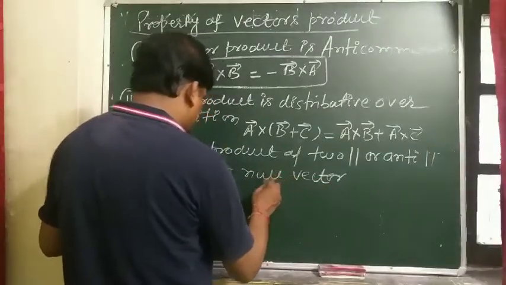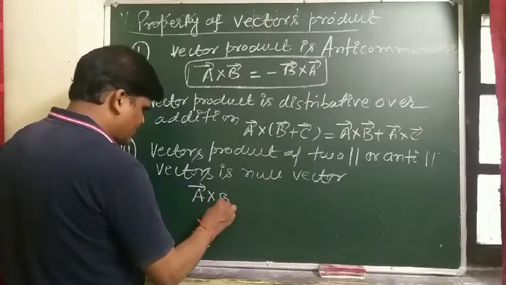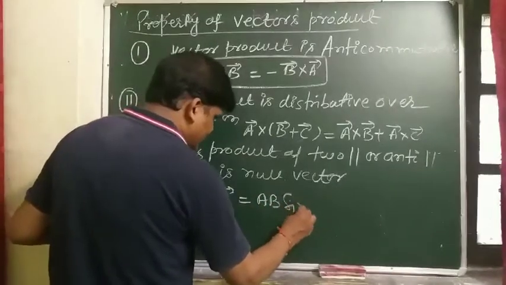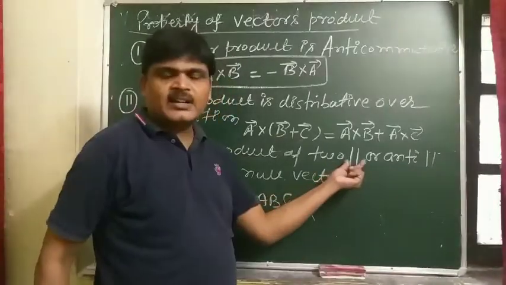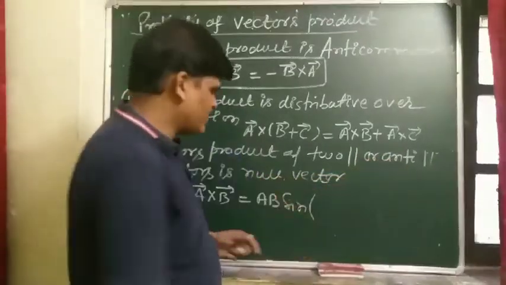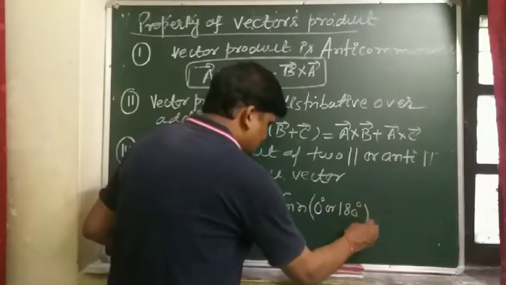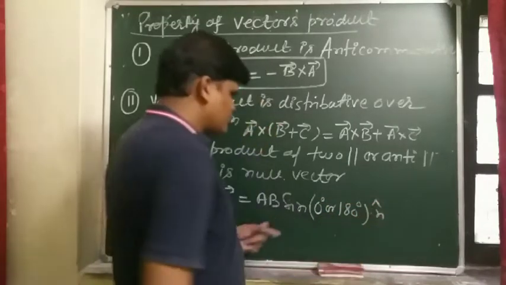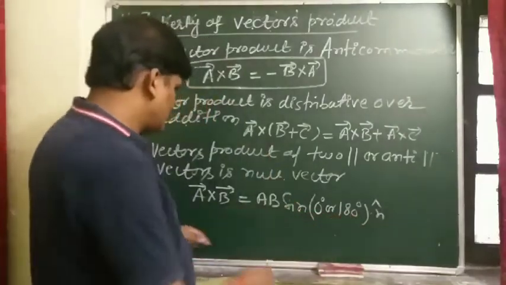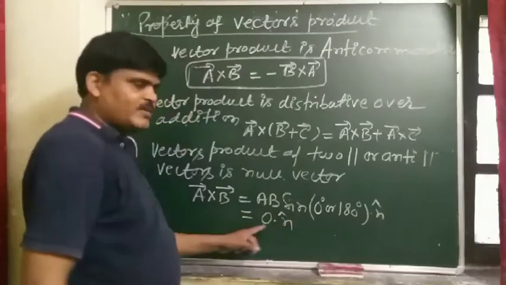What does it mean? Vector A cross vector B, you know the formula, is AB sin theta n. For parallel vectors, the angle between them is 0 degrees. For anti-parallel vectors, the angle between them is 180 degrees. Sine of 0 degrees or 180 degrees is 0, so this value comes out to be 0 times unit vector n.